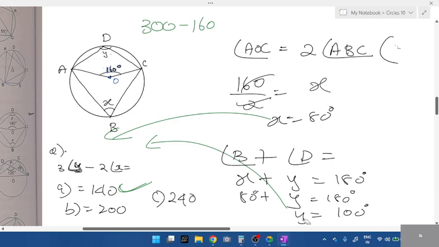Yes. Bhargavi done? See, if it is MCQ, I'll tell you how to do it directly.